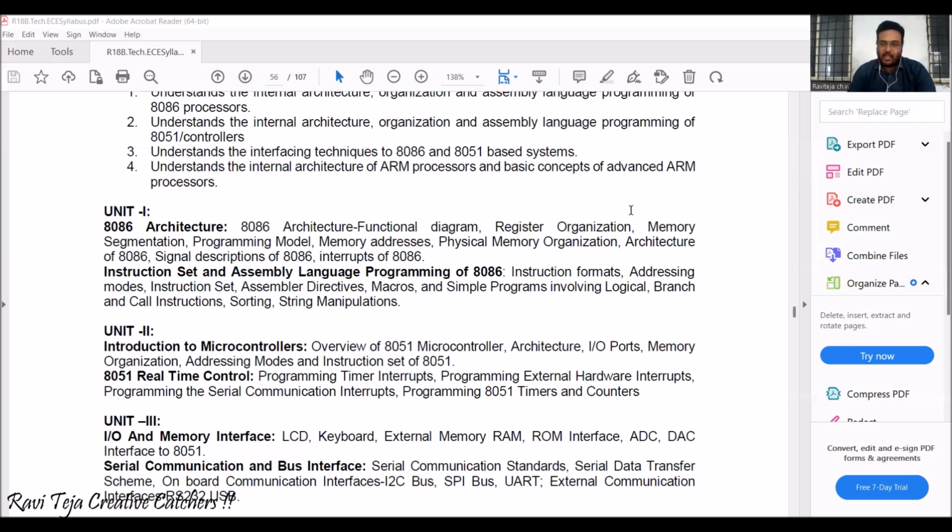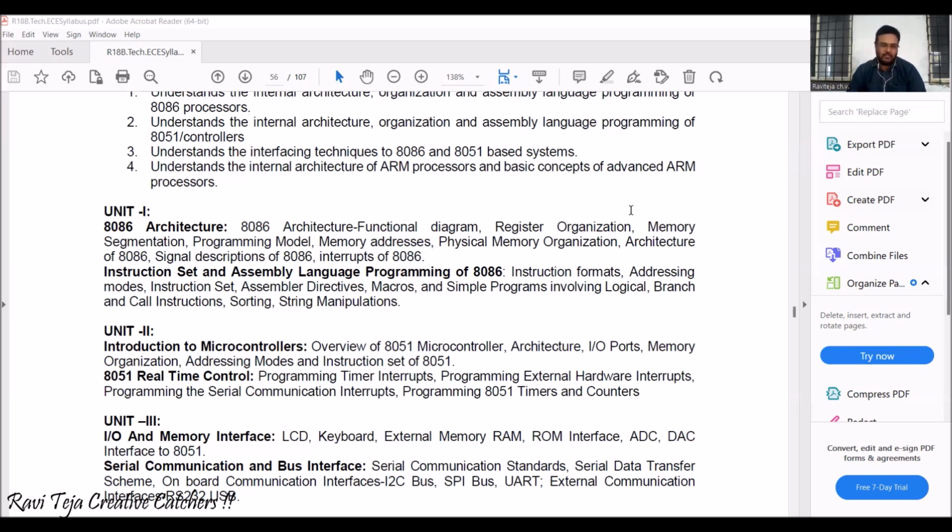We also learn the architecture, IO ports, memory organization, addressing modes, and instruction set of the 8051. We also learn real-time timers, programming timers, and interrupts, and how the 8051 is interfaced with hardware with respect to interrupts. Programming the 8051 with timers and counters is also learned in the second unit.